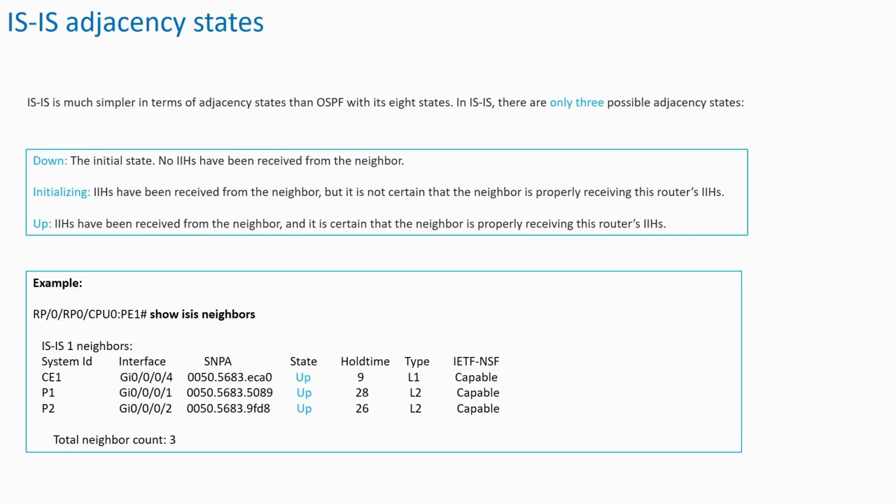The third and final state in ISIS adjacency formation is the up state. In this state, the IIH or ISIS hellos have been received from the neighbor, and it is certain that the neighbor is properly receiving this router's IIH. You can use show ISIS neighbors as shown here to verify its adjacency status with the neighbors.